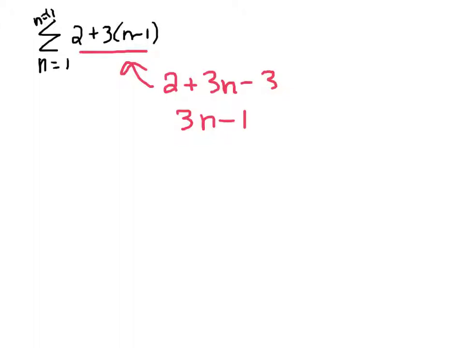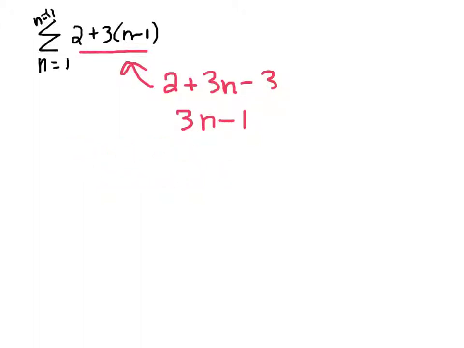And so if I go and I put in the number 1, I get 2. And if I put in the number 2, I get 5. And 8 and 11 and so on. And I'm finding the sum of these first 11 terms. So I'm actually being bad right here.